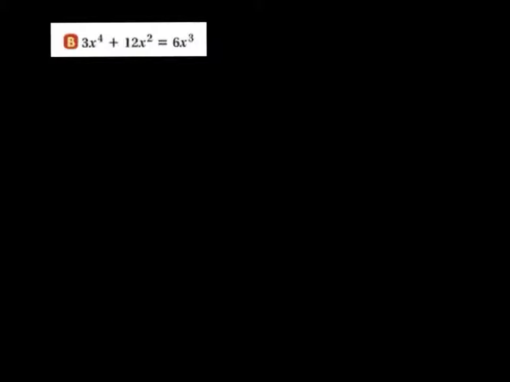Next one. Okay, this time you see your degree is quite a bit higher. So again, we're going to go ahead and get everything to one side. This time we're going to subtract 6x cubed from each side. So we're going to get 3x to the 4th minus 6x cubed plus 12x squared equals 0.